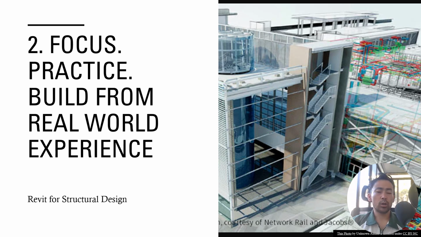Try to do at least 2-3 projects in order to learn the design flow and also the Revit functions. That's really important because it clearly says that you need to have at least 400 minimum to 1,200 hours of real-world experience in order to do the exam and pass it successfully.